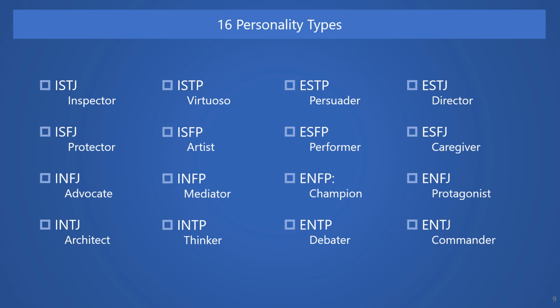By combining one preference from each of the 4 dichotomies, the MBTI creates 16 unique personality types. Each type is denoted by a 4-letter code corresponding to the individual's preferences. Here are the 16 types and a brief description of each. ISTJ.